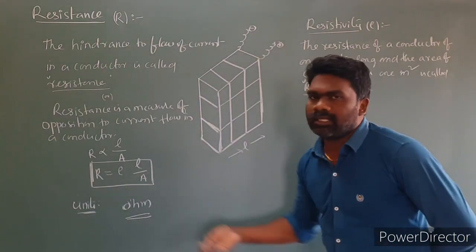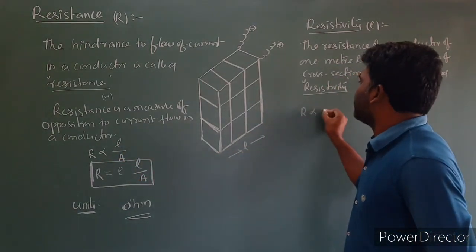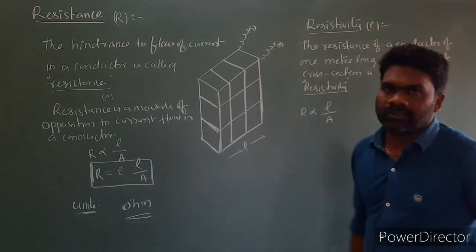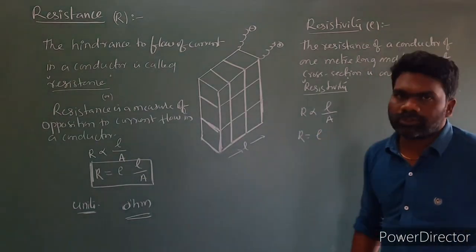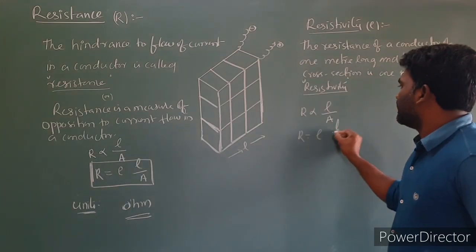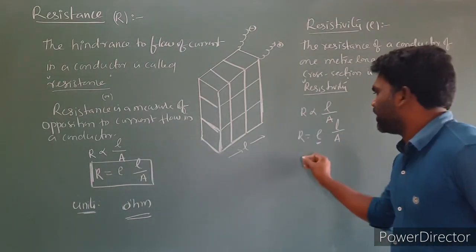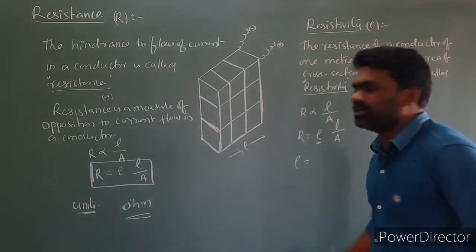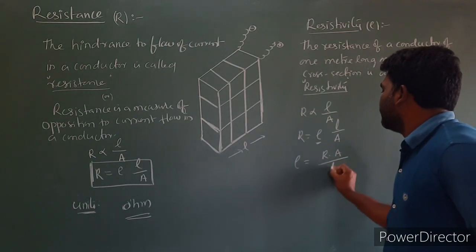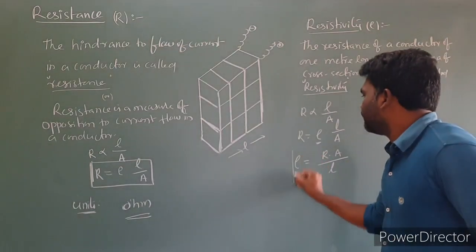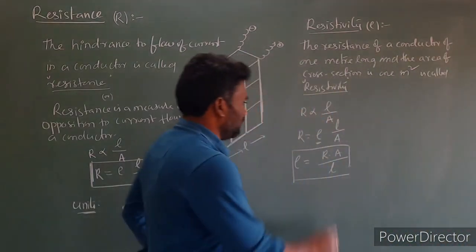Take this formula: R is directly proportional to L by A. Removing this proportionality by keeping constant rho, R is equal to rho into L by A, isn't it? So we have to find out this rho. Rho is equal to R into A by L. So this is the formula we need. Look at this formula.